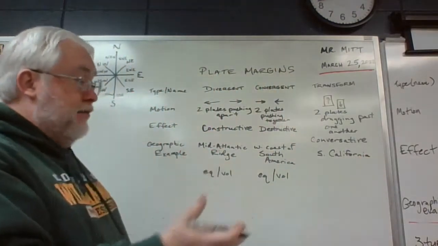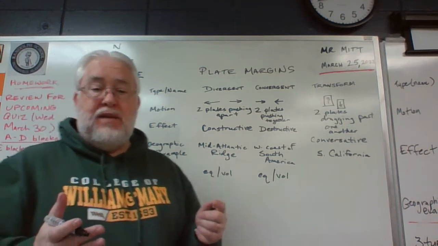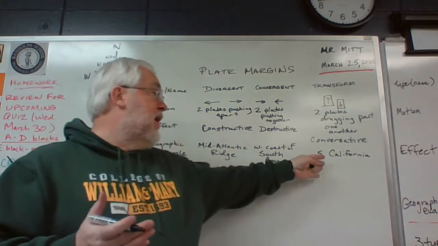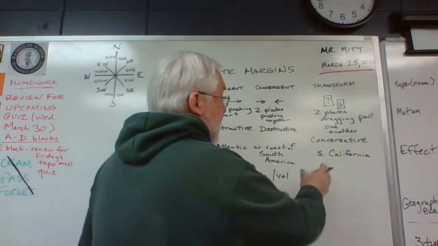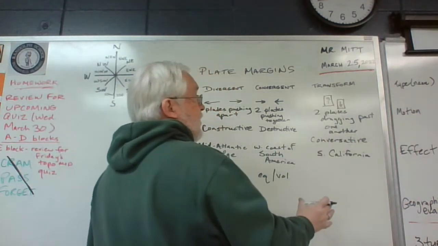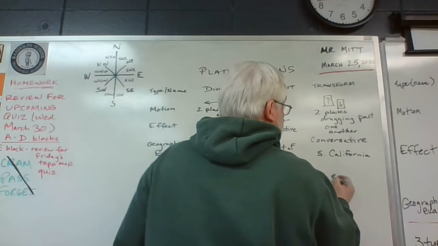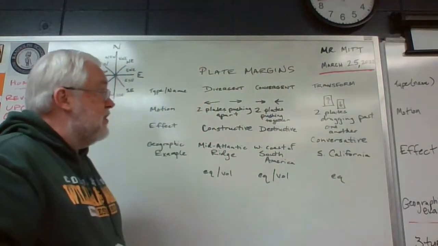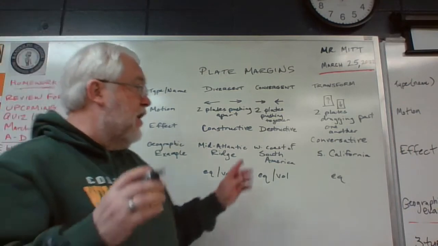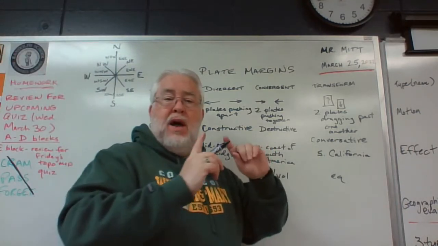Some of you may have experienced earthquakes in Southern California if you've traveled there or lived there. And of course, there are not volcanoes along transform margins, but there are earthquakes. So we'll go ahead and add this here, my little abbreviation of EQ. So this is a basic review of the plate margins.